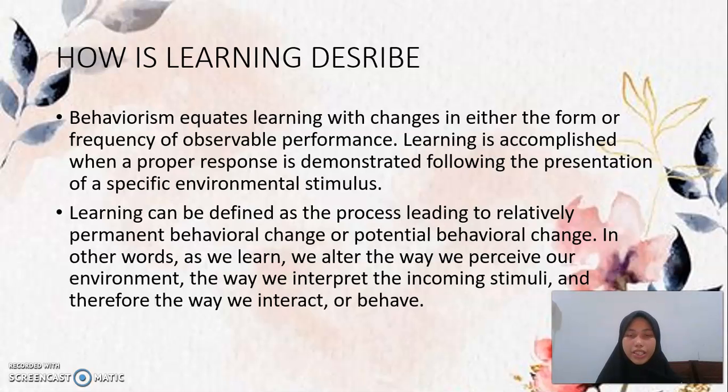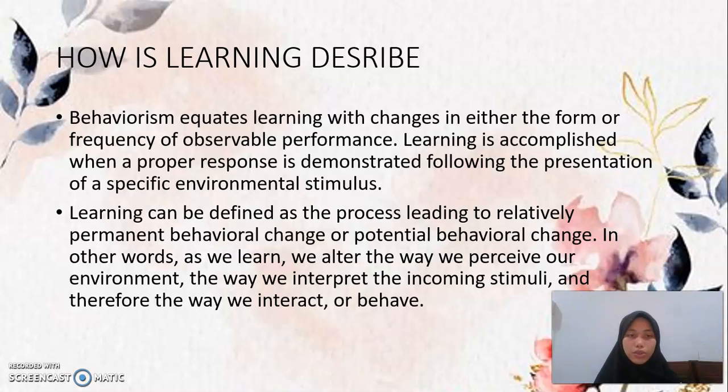How is learning described? Behaviorism equates learning with change in either the form or frequency of observable performance. Learning is accomplished when a proper response is demonstrated following the presentation of a specific environmental stimulus.